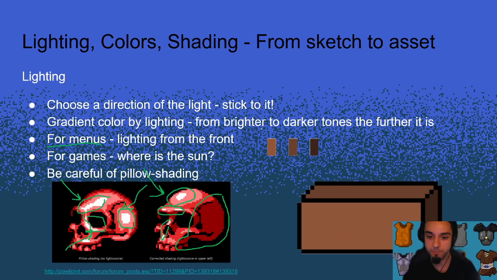And even in a simple asset like a box here, you can see that straight away we have a light direction that comes from this way, as this part here is the most lighted. This one gets a bit less lighting, and this one is already shadowed. And we already needed 3 colors to demonstrate that.